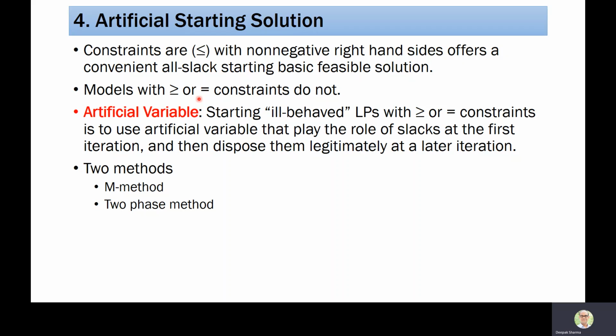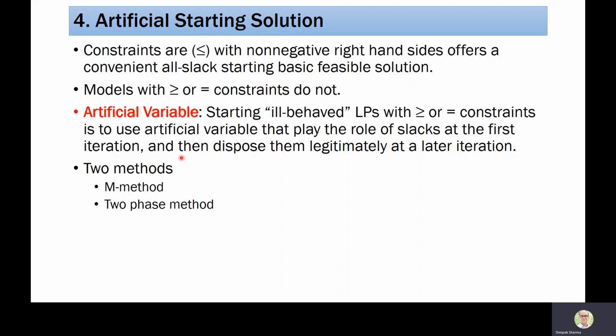In this case, we can use artificial variables so that they can play the role of slack at the first iteration, and then we dispose of them legitimately at a later iteration.